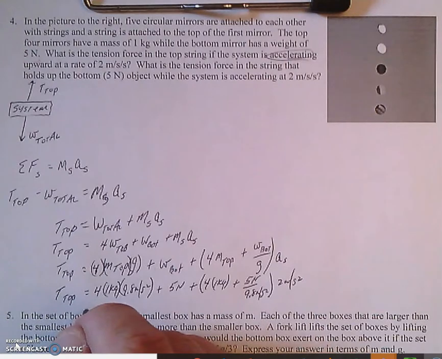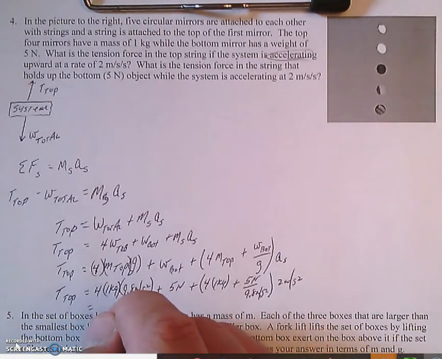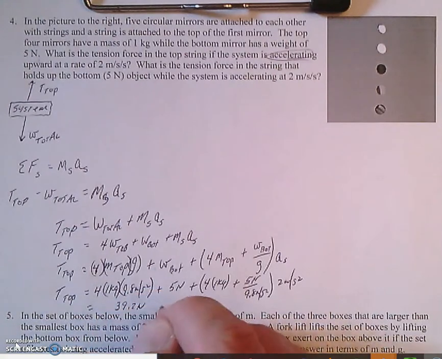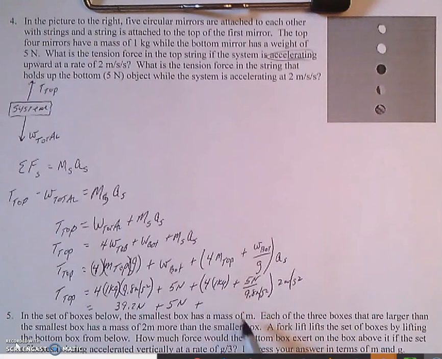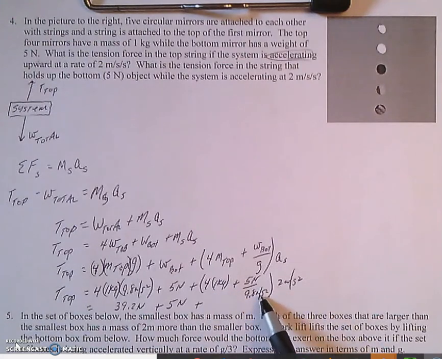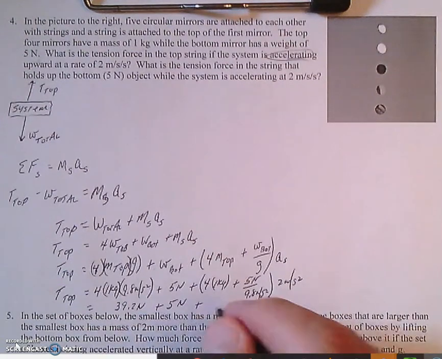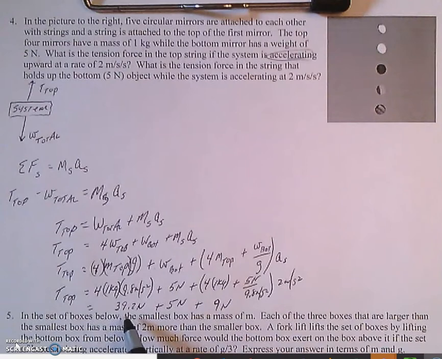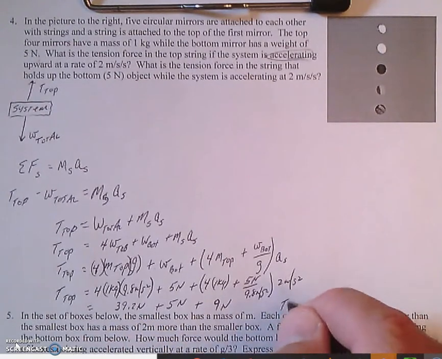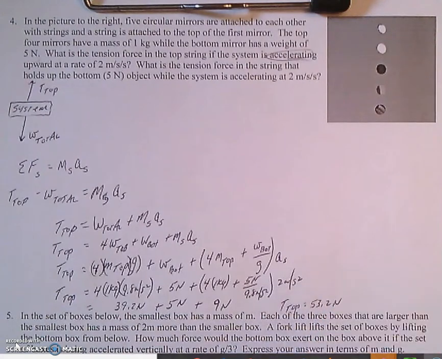So then our 4 times 1 times 9.8 is 39.2 newtons plus 5 newtons plus 4 times 1 is 4. 5 divided by 10 roughly is a half. So in the parentheses here, I got 4.5 times 2 is 9 newtons. So I've got 14 plus 39. The tension here in the top is going to be 53.2 newtons.